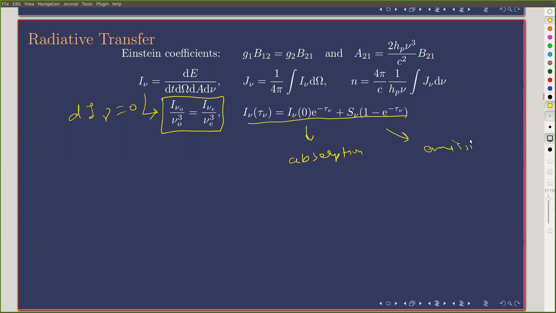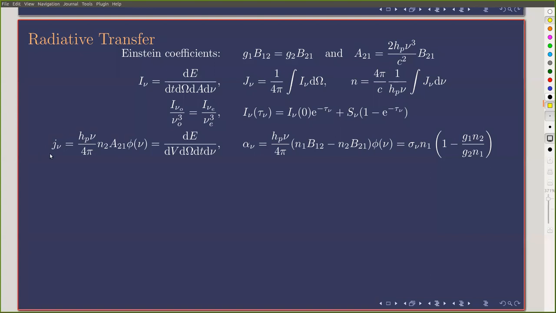Most of what we will be using is that there's mostly just absorption by a neutral medium. So you can calculate how the specific intensity drops as a function of distance or as a function of tau.